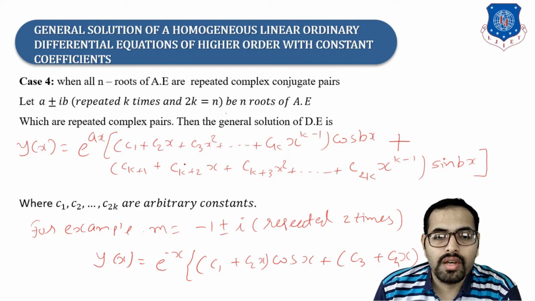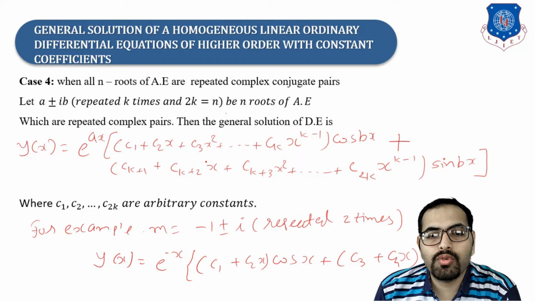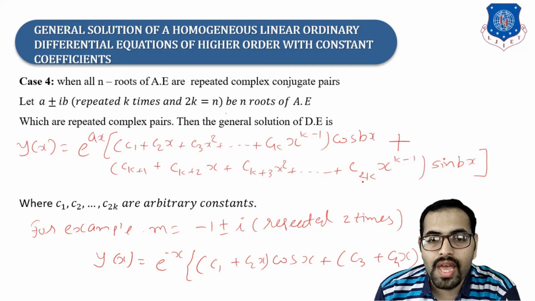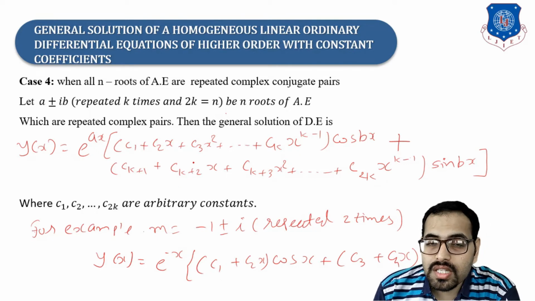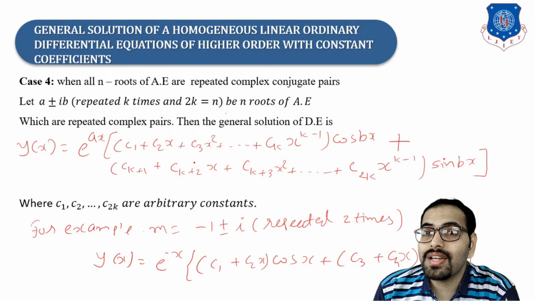See here c1, c2, c3, c4 up to ck and ck plus 1, ck plus 2 up to c of 2k are arbitrary constants.